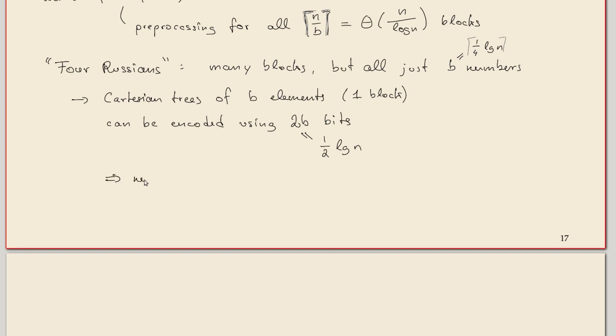That means the number of different Cartesian trees is at most 2 to the 2b, 2 times 2b, sorry.